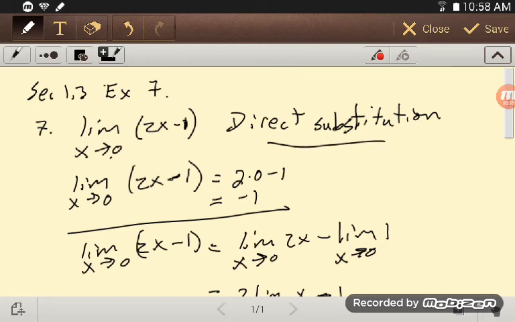But just to point out, by direct substitution. Let your reader know what's going on. Okay. All right, so there's number 7.